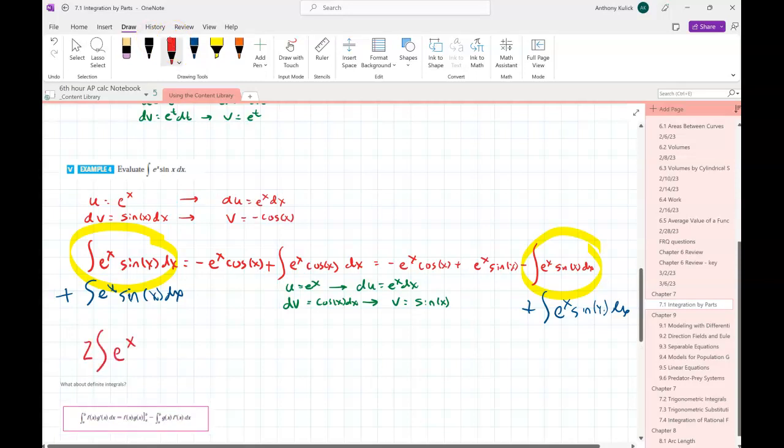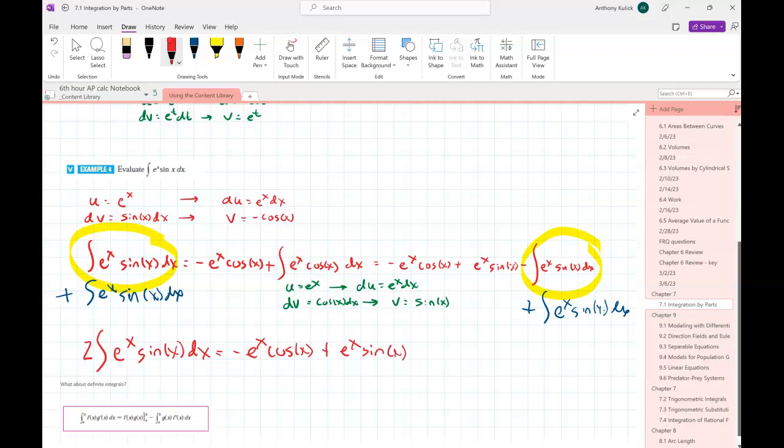So I have 2 e to the x sine x dx's equal now to negative e to the x cosine x plus e to the x sine x, right?